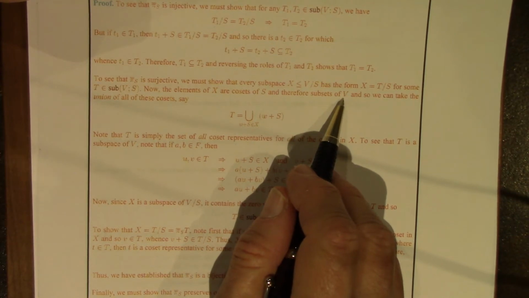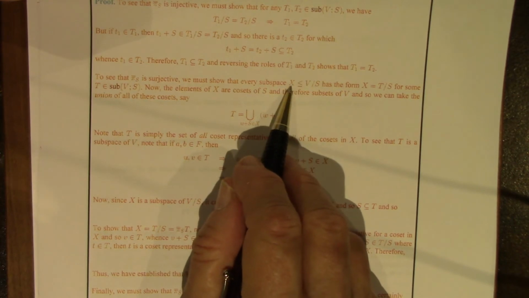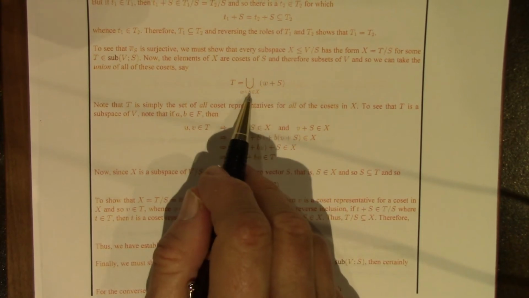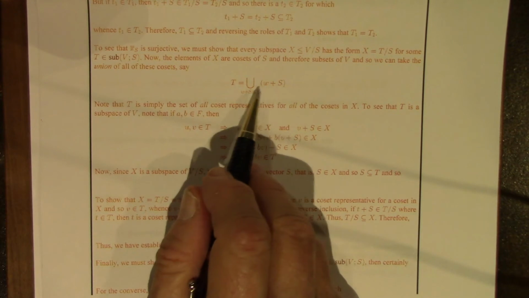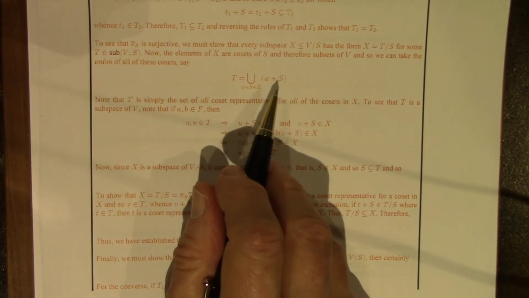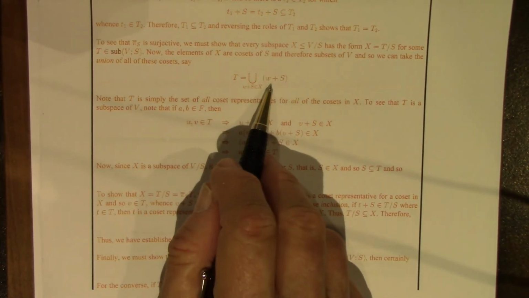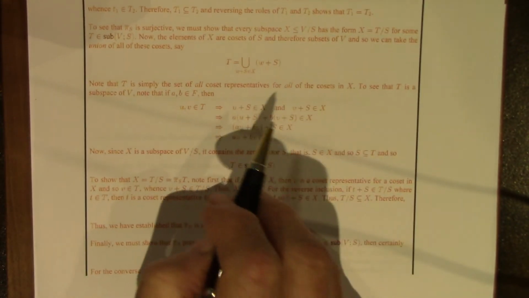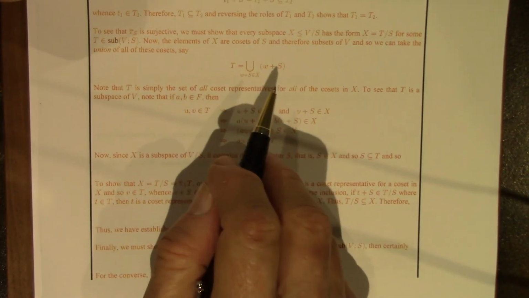So we can take the union of all of the cosets in X, all the elements of X. So it looks like this. Another way to say this is simply the set of all coset representatives of all of the cosets in X. Every element of a coset, as you know, is a coset representative.